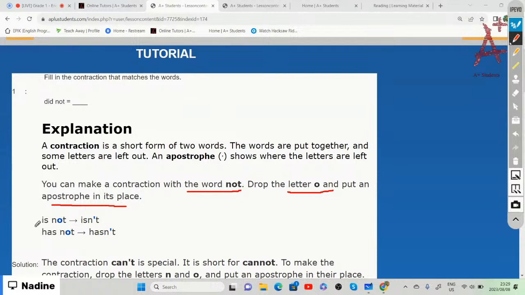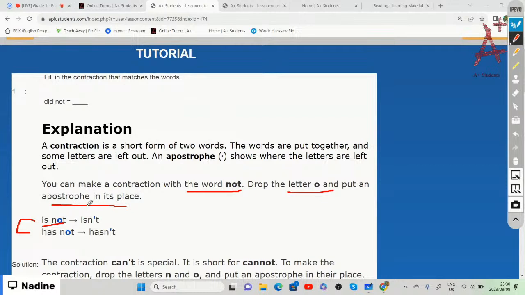For example, is not. We put these two words together, but now we need to drop the O in not, and put the apostrophe in its place.